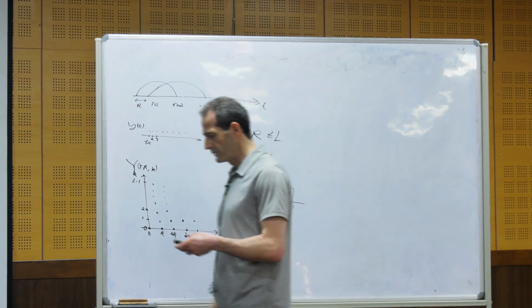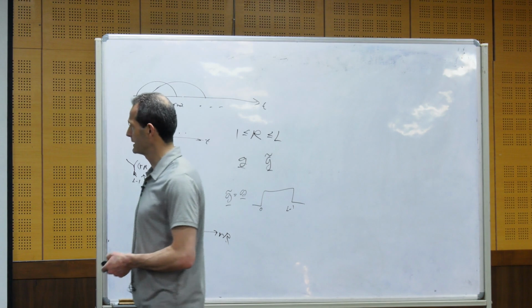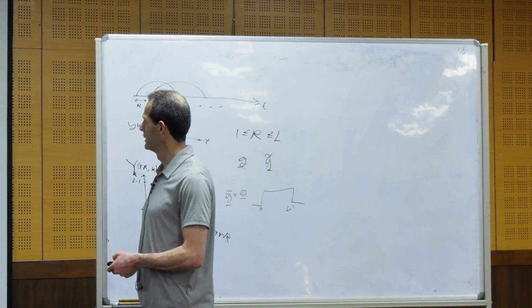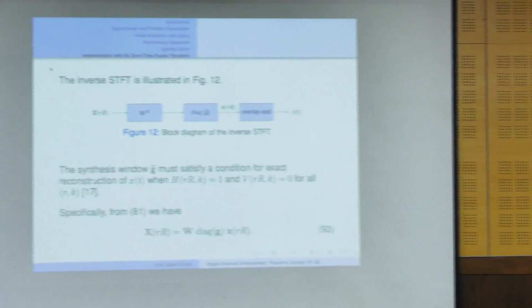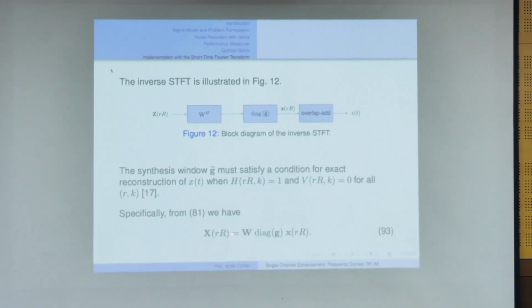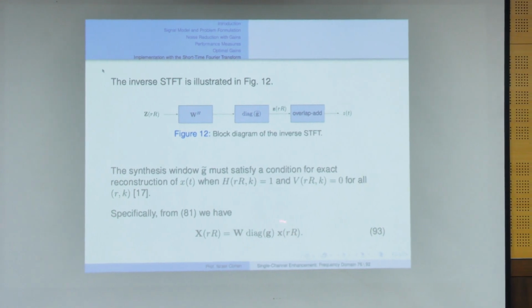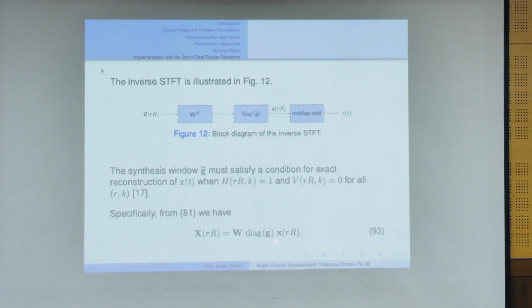So let's talk about the relations between the analysis and synthesis window. Suppose that we take any signal like this. We multiply it with a window and apply the Fourier transform. So this is the STFT of the signal.